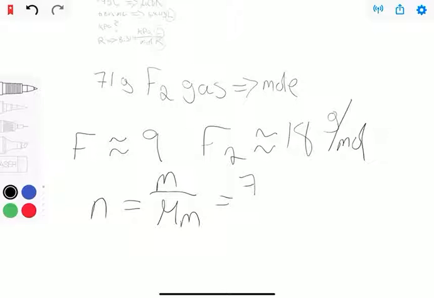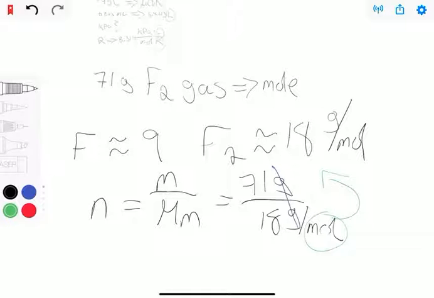And so we can just put that into a little equation and figure out how many moles that would be if we have 71 grams. And we're going to find out that 71 grams equals roughly 3.7 mole.